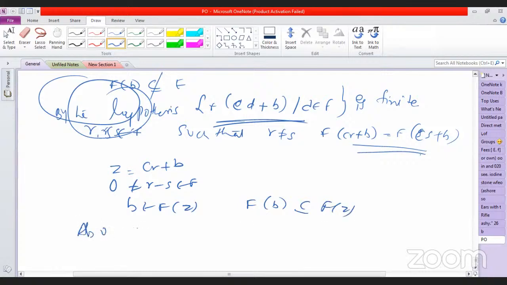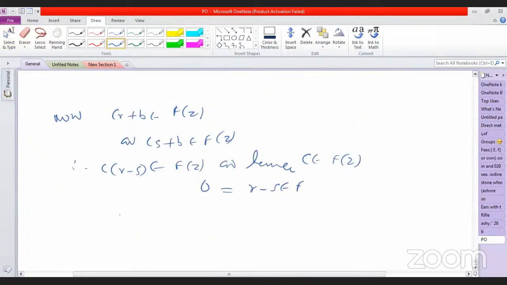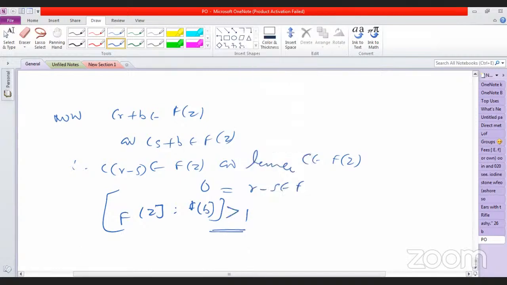So therefore also C belongs to F of Z and C does not belong to F of B. So we have to take that here, which implies that the degree of F of Z over F of B is greater than 1. Yes, sir, greater than 1. It was not audible, so that's why I asked again.